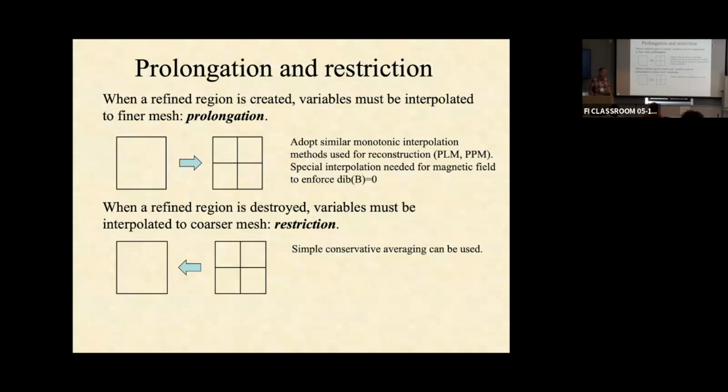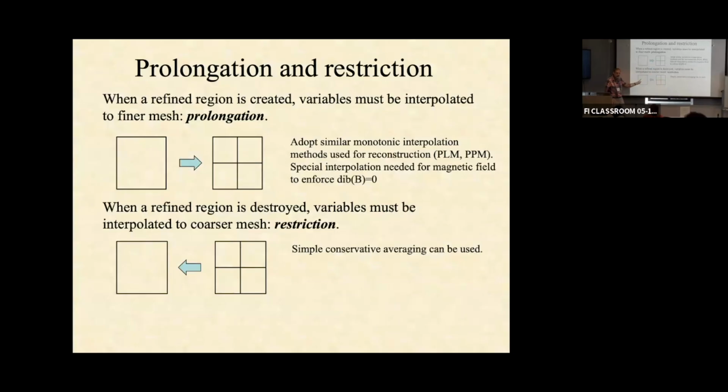However, once again, there are skeletons in the closet here. You're going to destroy kinetic energy when you do this, because you can have 4 velocities in these cells, which when averaged together give you, say, 0 velocity in this new cell. If you had, say, a vortex in here or something like that. And so the kinetic energy that was in these cells is going to disappear. But this is a conservative scheme, so total energy must be conserved. So that means the total internal energy of this cell must be higher, so that the sum of internal plus kinetic energy in this cell is the same as the integral of the 4 there.